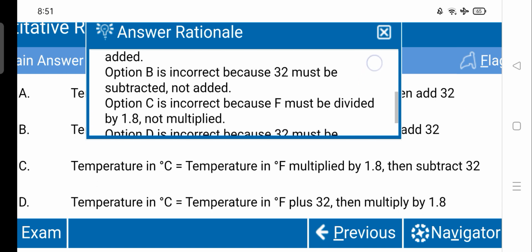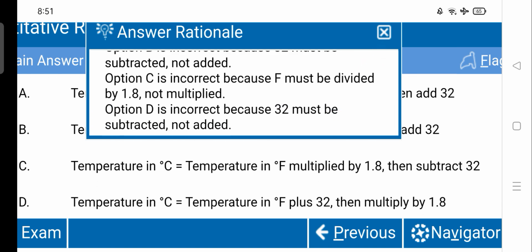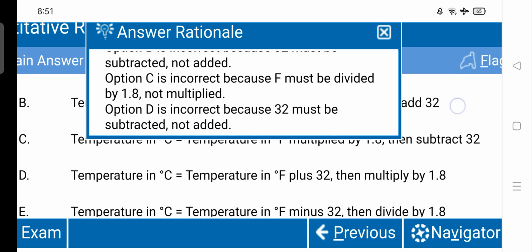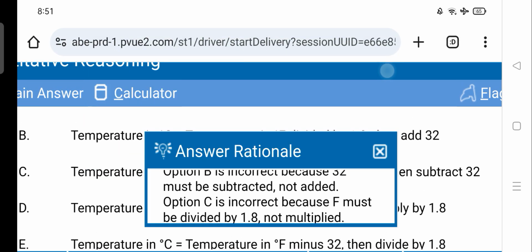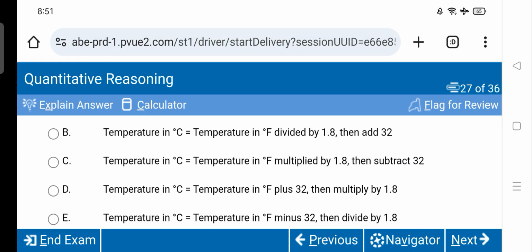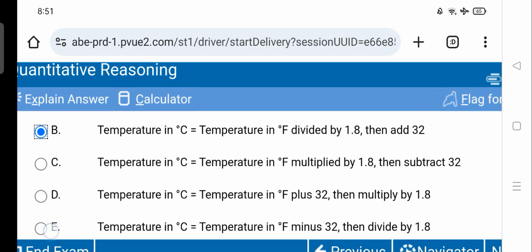Option C is incorrect because F must be divided by 1.8, not multiplied. Option D is incorrect because 32 must be subtracted, not added. So the correct option is option E, that is temperature in centigrade equals temperature in Fahrenheit minus 32, then divide by 1.8.